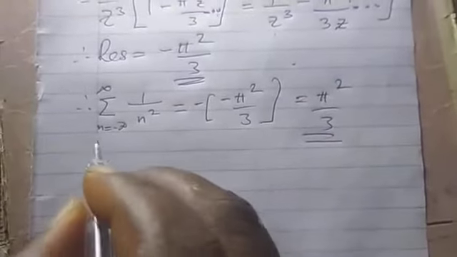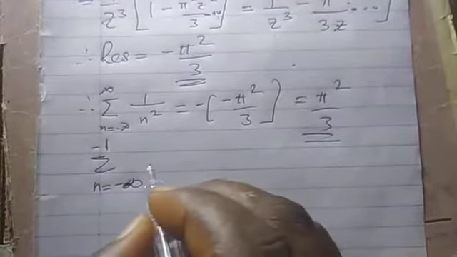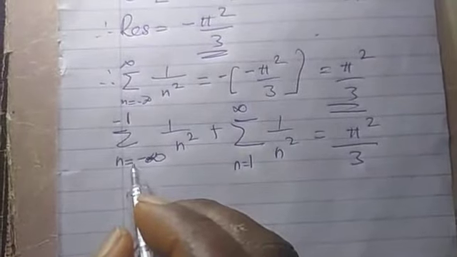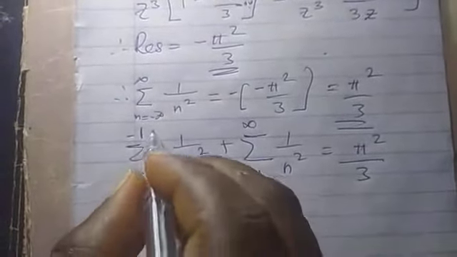That is, n runs from minus infinity to minus 1 of 1 over n squared, plus n continuing from 1 to infinity of 1 over n squared. This is equal to pi squared over 3.